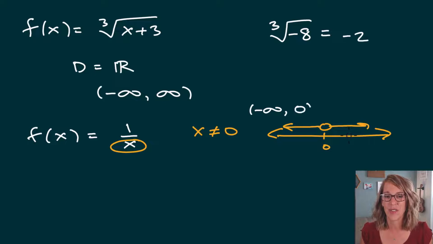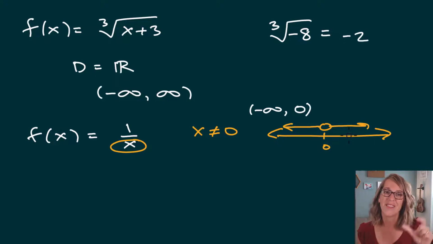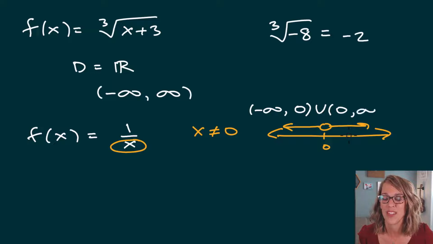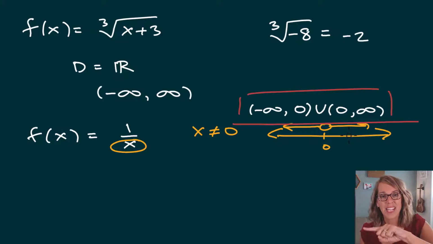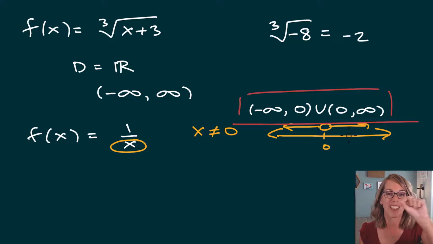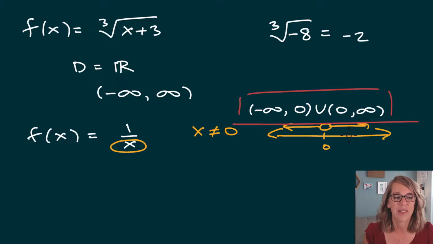So up to 0, parenthesis. And then I've got another set I need to join this with. So I'm going to join this with a union. I'm going to start on the other side of 0, and then 0 to infinity. So really what this says right here is my domain is everything except for 0. Negative infinity to infinity, but we're going to skip right over 0. Let's do another one that's similar to this one.